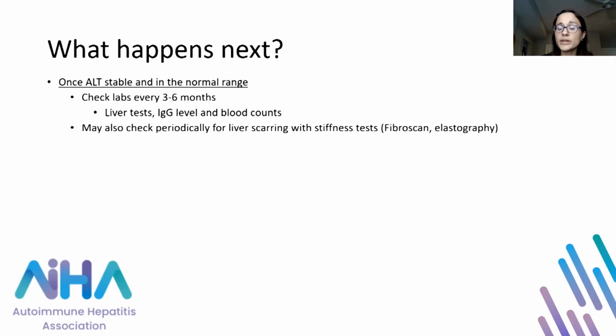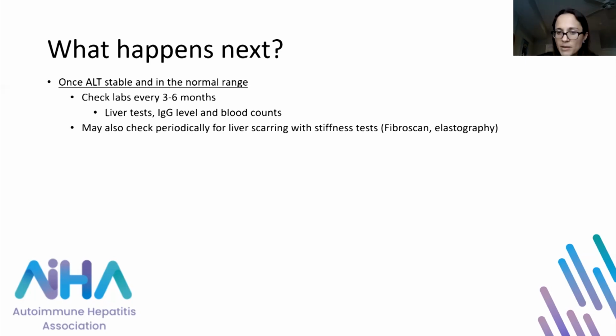We may also periodically check for liver scarring using stiffness tests. So there are a couple different non-invasive tests that can give us a sense of, is there any scarring or fibrosis that's occurring over time with patients?